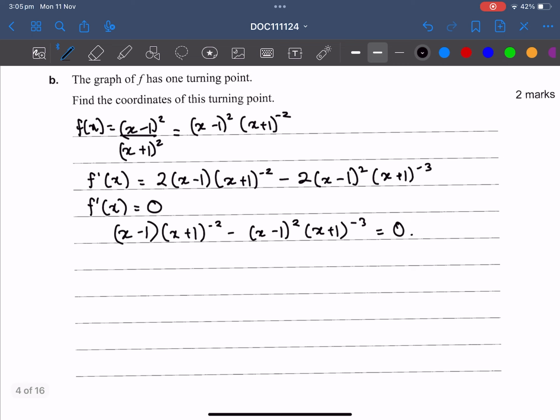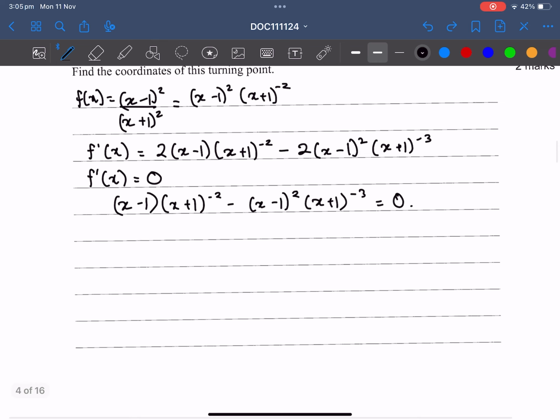I just removed the 2, by the way, so if you're confused where the 2s are gone, I just took them out as a common factor. Now we can take (x minus 1) and (x plus 1) to the power of minus 3 as a common factor, so that will leave us with 1 minus (x minus 1) times (x plus 1) to the power of minus 2 is equal to 0.